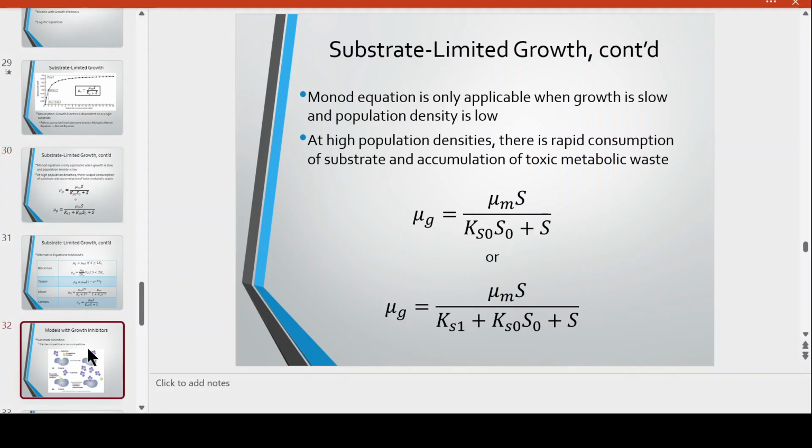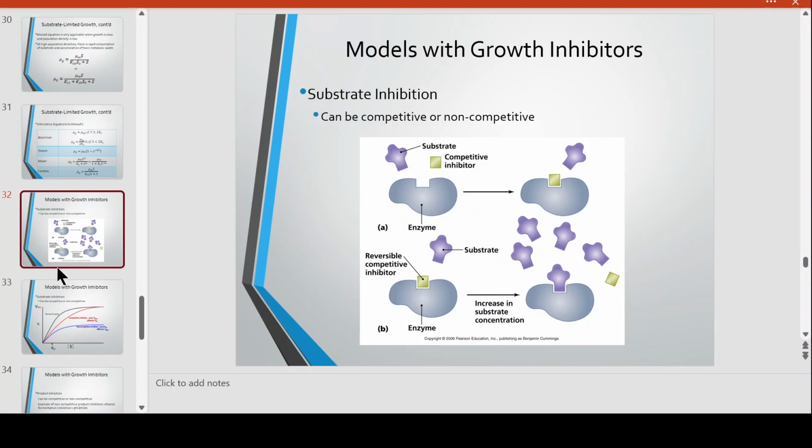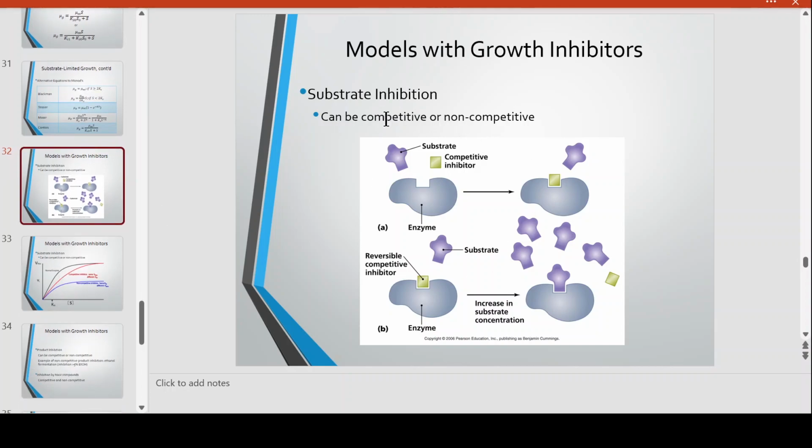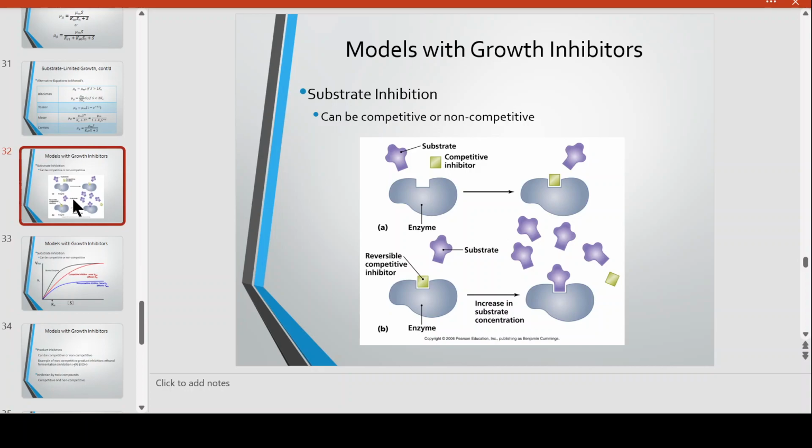Now, how about models with certain growth inhibitors? For example, substrate inhibition, which can be competitive or non-competitive. In these models, they are actually considering the cells as the catalyst and applying catalyzed reaction kinetics with cell catalysis.